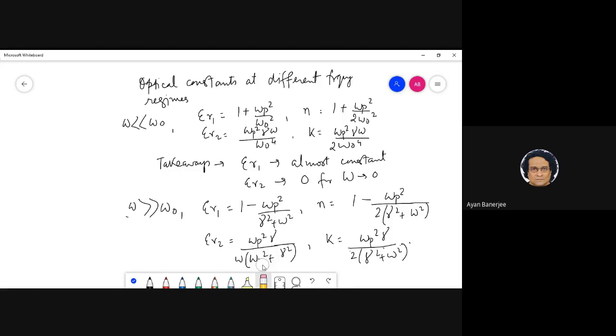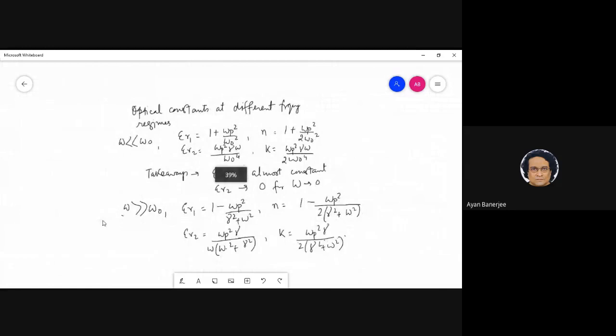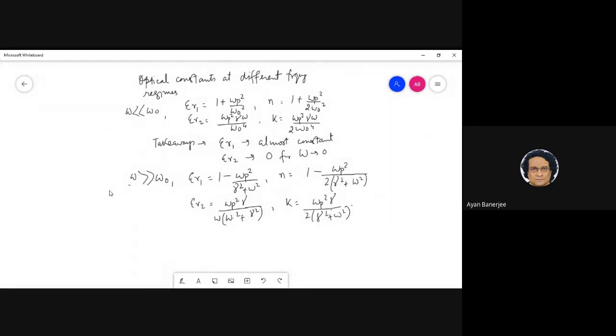Okay. So very interestingly, what we have is that when you go lower, in that intermediate region, you basically have this reflectivity very high.